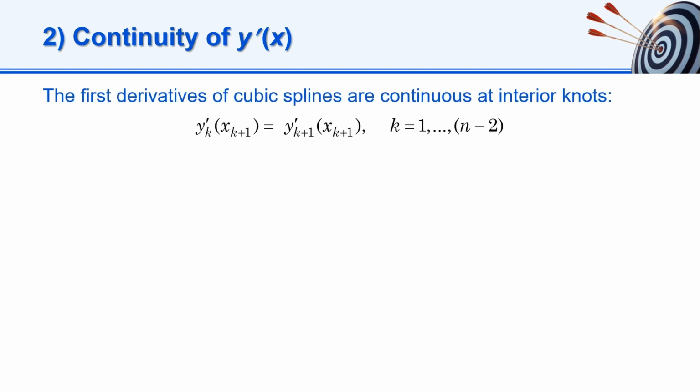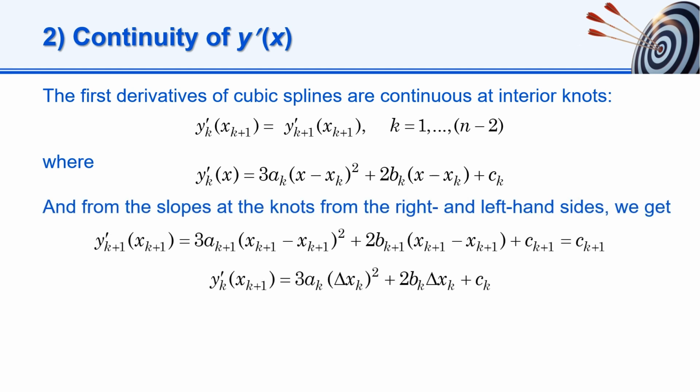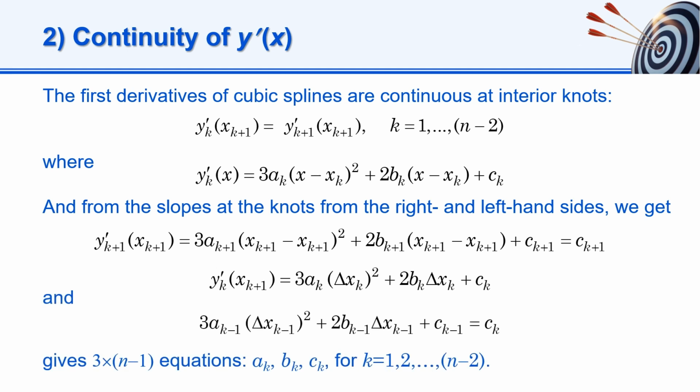Continuity of the first derivative at the interior knots leads to the following equation, where from the slopes at the knots from the right-hand and left-hand sides, we get the following equation, which gives n-2 equations, that is, for the a_k, b_k, and c_k's for k equals 1 through n-2.